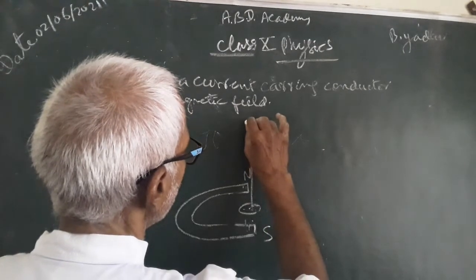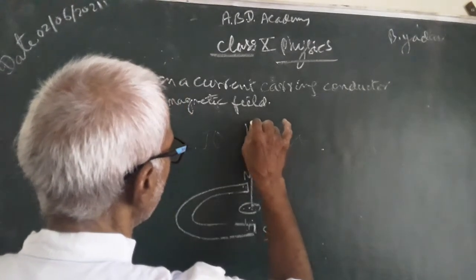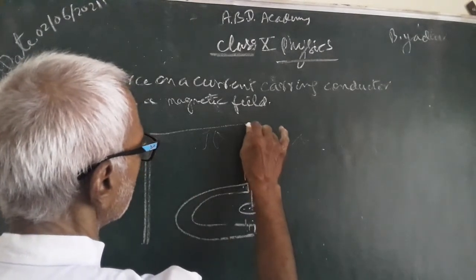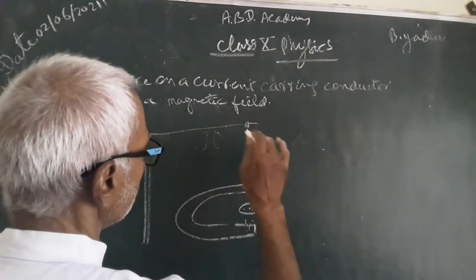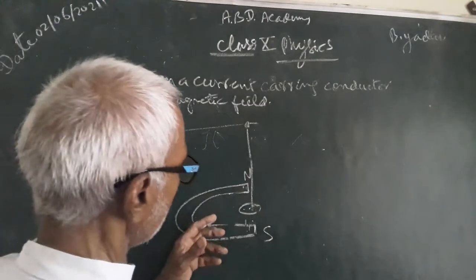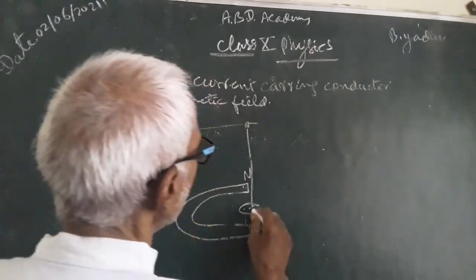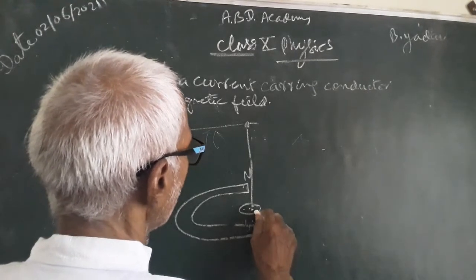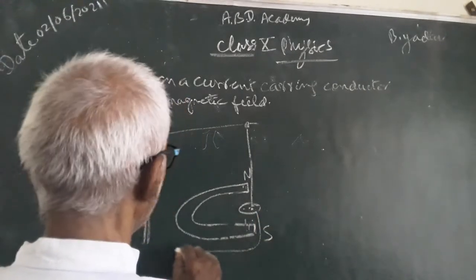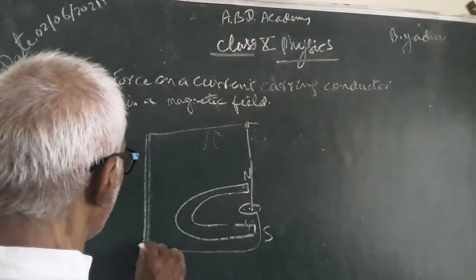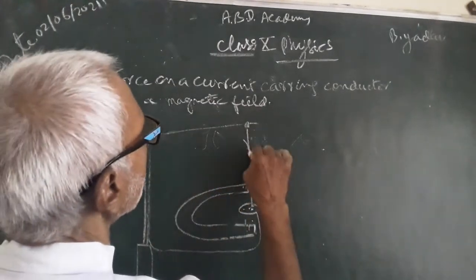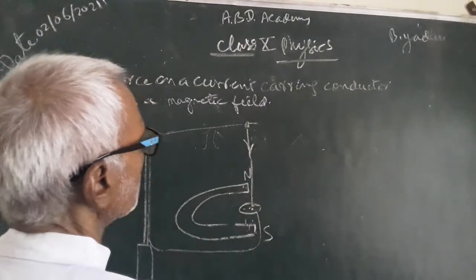This is connected with a stand, tied in such a way that it can move, and with the help of a wire it is connected with a stand here, and this is a good conductor, so current flows in this way.